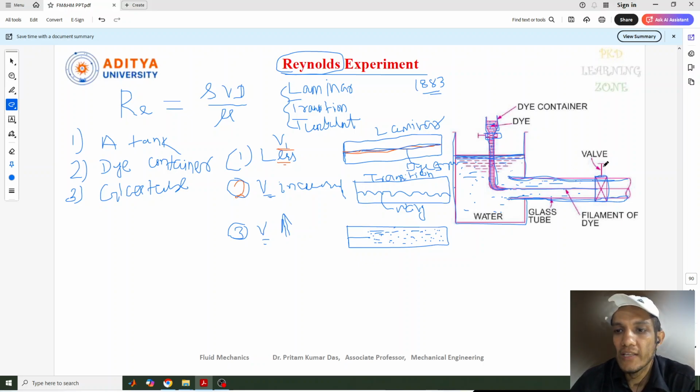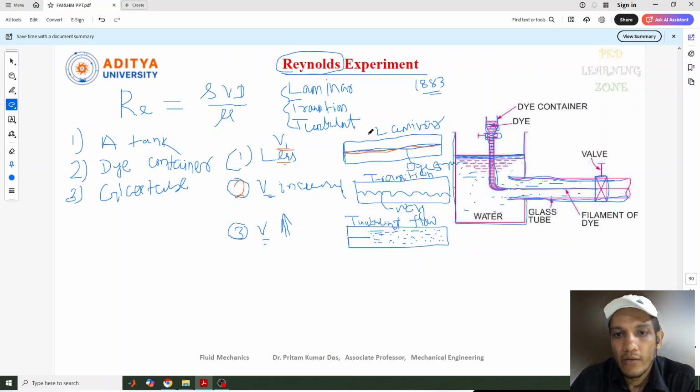And when you have opened the valve fully and created a high velocity, in that condition we get turbulent flow. So these are the different types of flow obtained from this experiment.